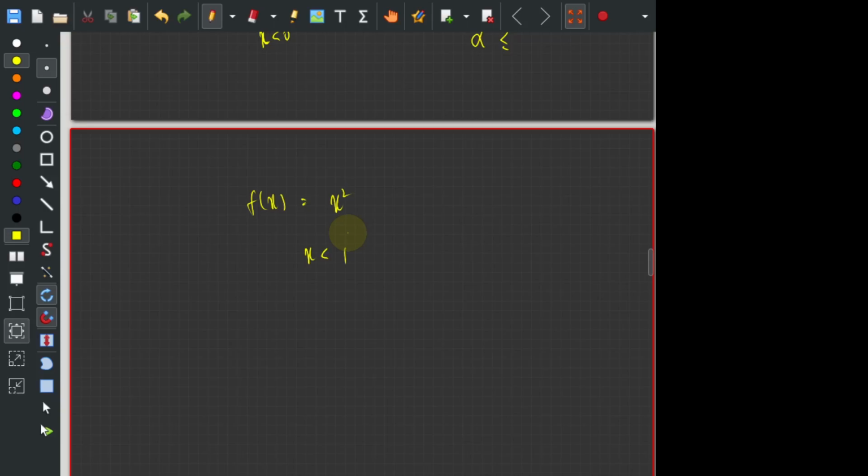So there are situations where this does happen, but we want to develop a more general theory. In this special case, I could have converted this to a closed constraint, x less than or equal to 1, and still ended up with the same minimum.